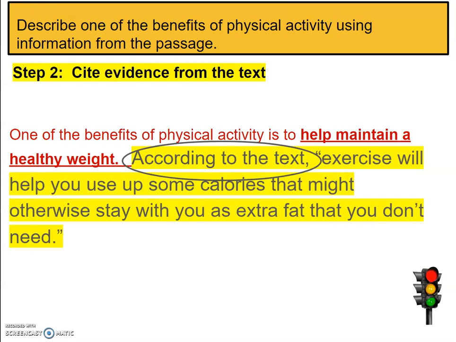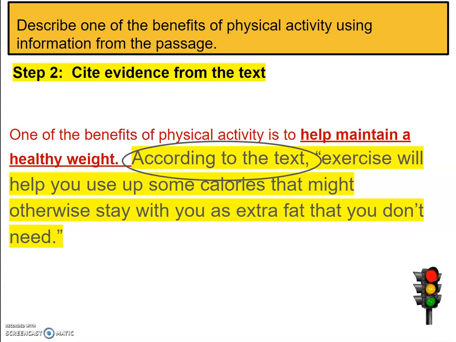So our next step, step 2, would be to cite evidence from the text. So we're going to pull something directly from what we've read, and we're going to put it into quotation marks, add a signal phrase, and we're going to show how we reach the conclusion that one of the benefits of physical activity is maintaining that healthy weight.